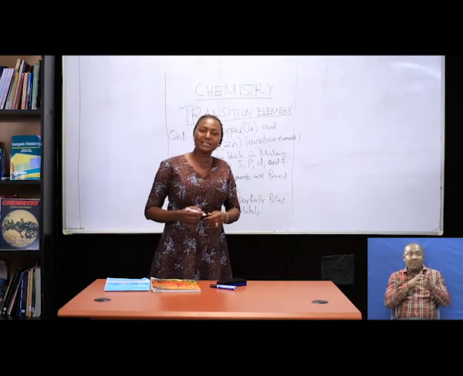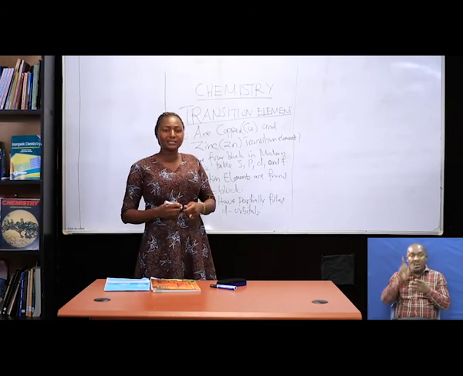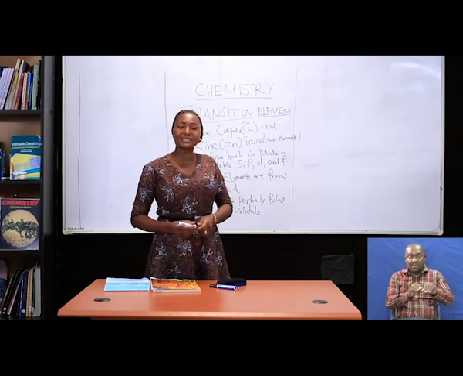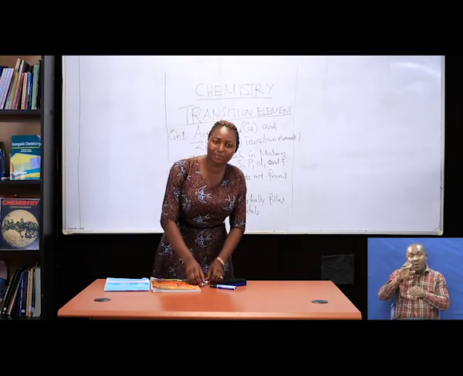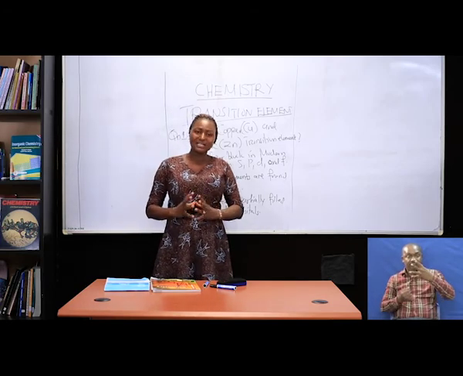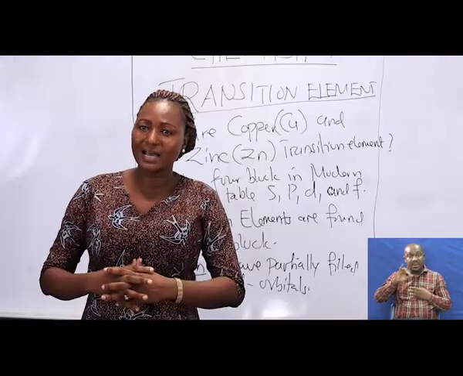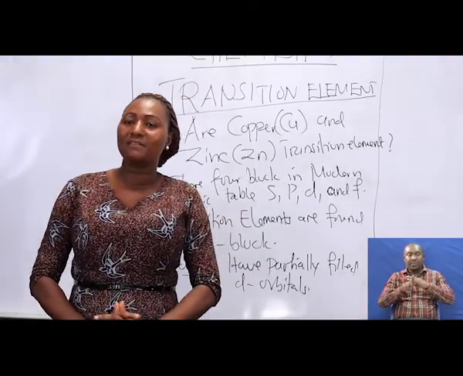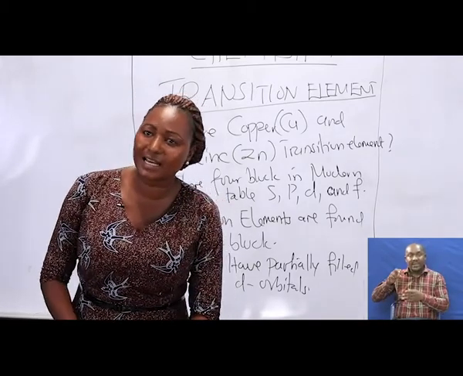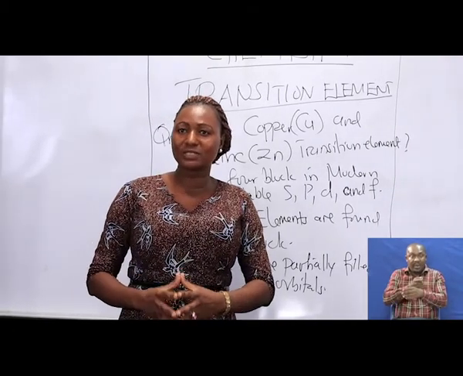But when you refer to the D block elements and look at the placement of copper and zinc, the D block consists of 4 series. The first series is where you can find copper and zinc. This first series consists of 10 elements from scandium to zinc.